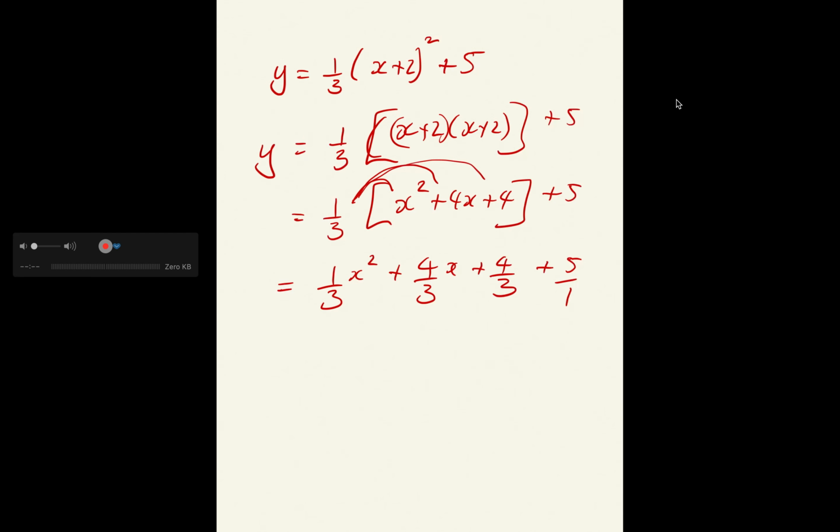I've obviously got to add these together because these are the constants. So that's 1/3 x squared plus 4/3 x. And for those of you who love fractions, this is right up your street. I'm going to change the 5/1 into 15/3. So that gives me 19/3. So there's the expanded form.